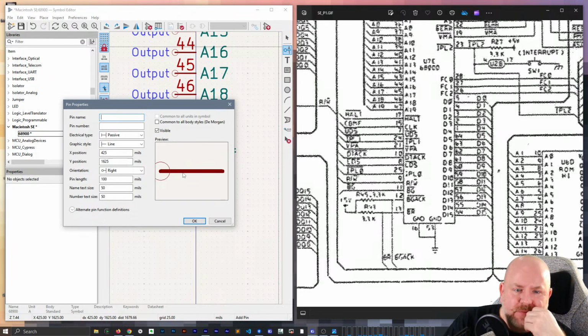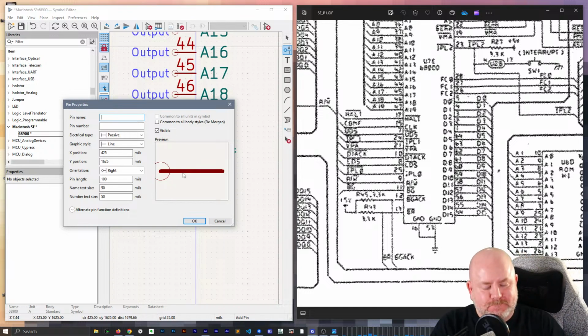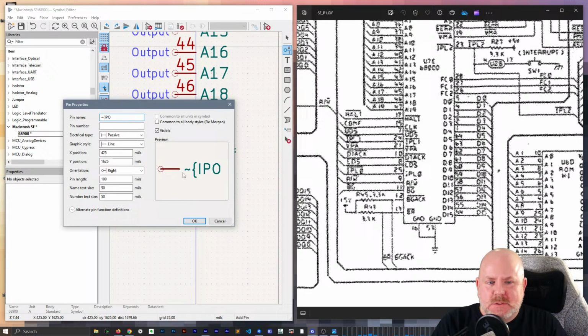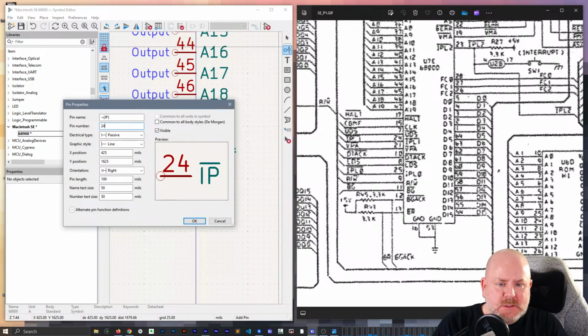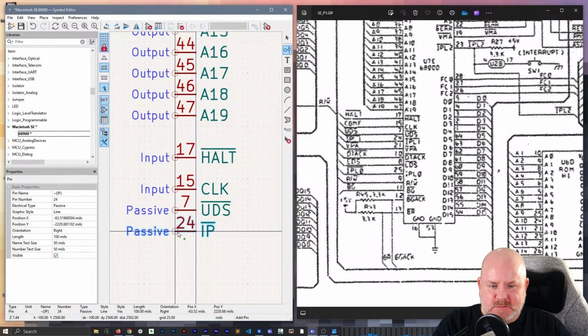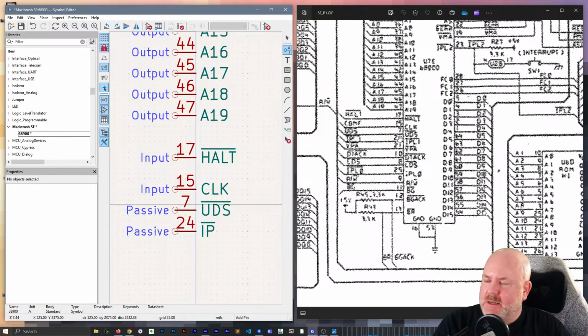So pin 24 is IP something. I don't know what it is. I'm just going to say IP for the moment because it's weird because I can't read it here or here. So I'm not sure what happened there.